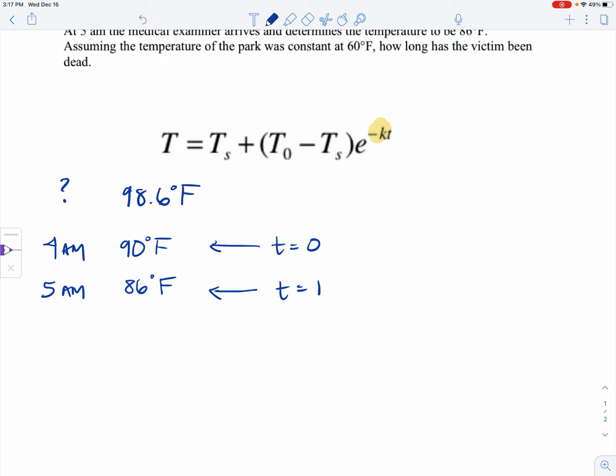And then we could plug in 1 for lowercase t and 86 degrees Fahrenheit for capital T. So filling in the formula now so that we can have our equation set up in order to solve for that constant K. We'll actually be able to solve for what negative K is, so we can just replace negative K. So we're treating T sub 0 as 90.